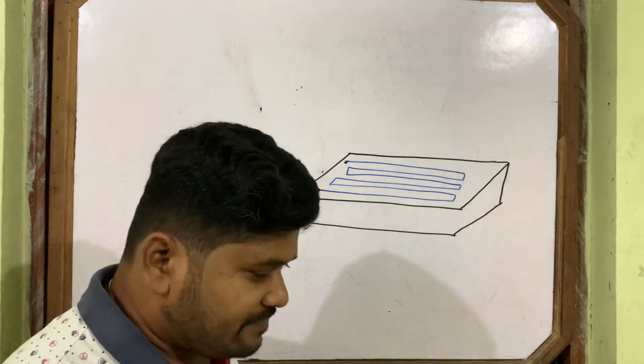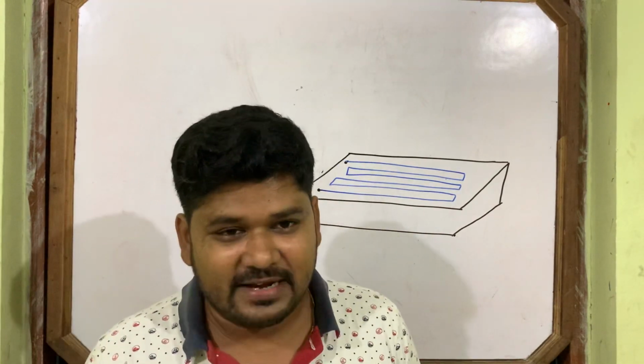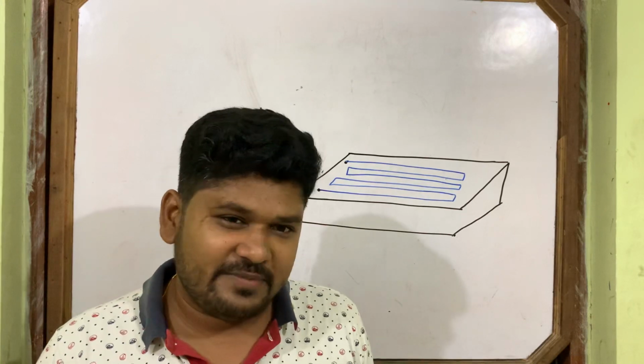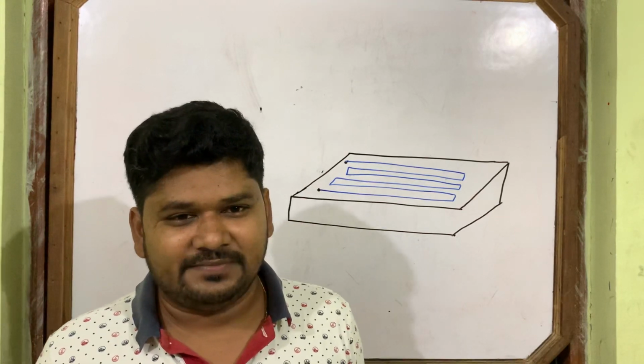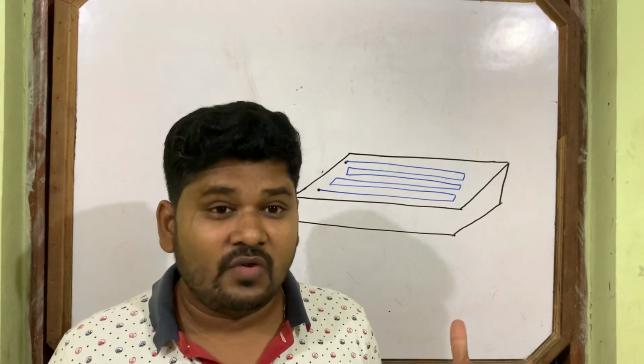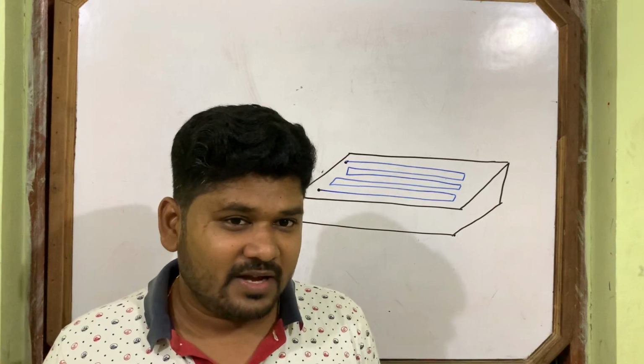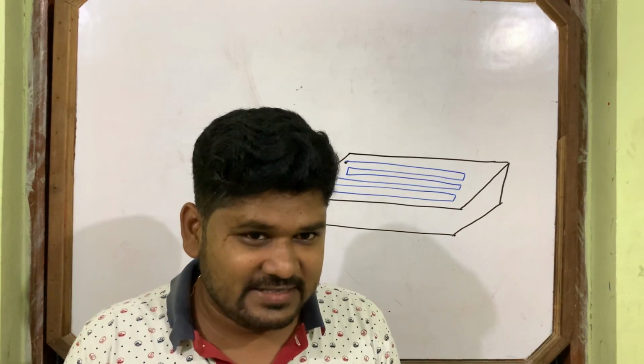What is this wire made of? The first question comes in the practical exams. Just like the meter bridge, same answer: constantan or manganese. Why? First answer, high resistivity.